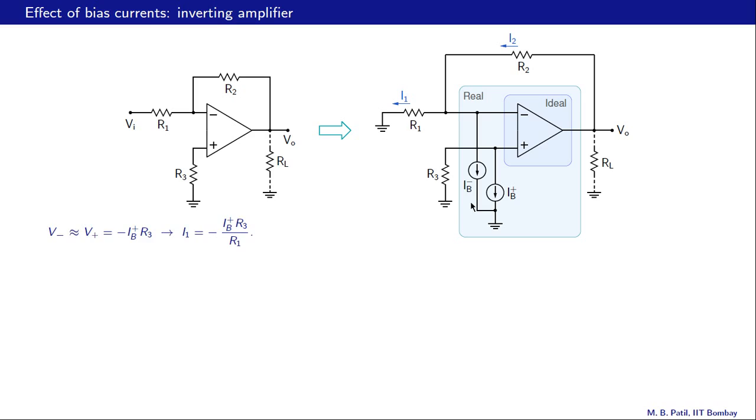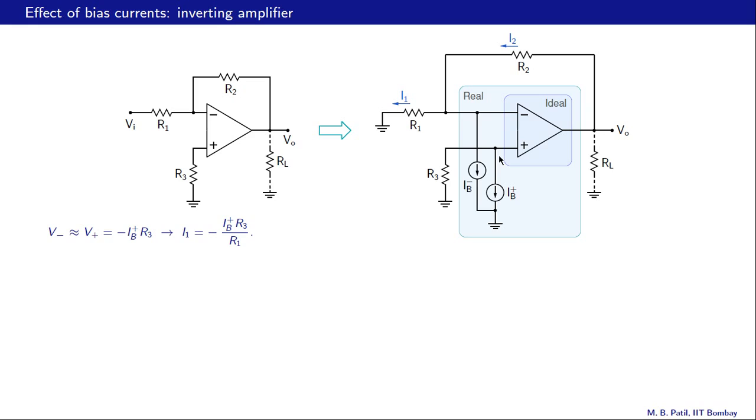Let us start with V plus. This current is 0 because that's the input current for the ideal op amp. So therefore this IB plus would go like that, and the voltage at this node therefore is minus IB plus times R3.